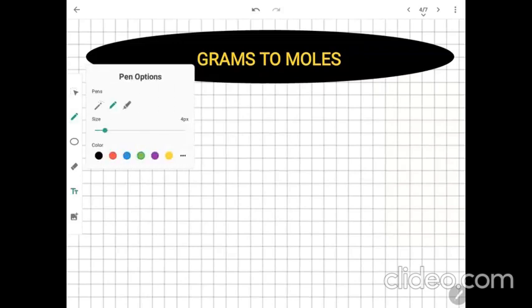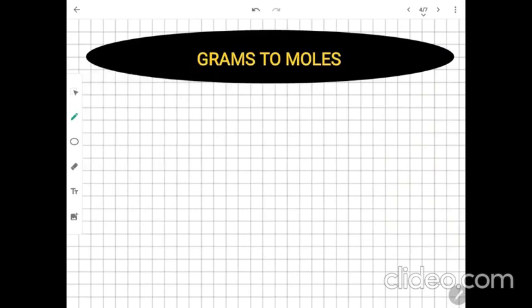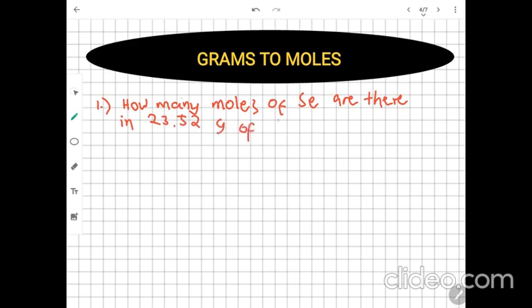For example, we have here: how many moles of selenium, Se, are there in 23.52 grams of selenium?